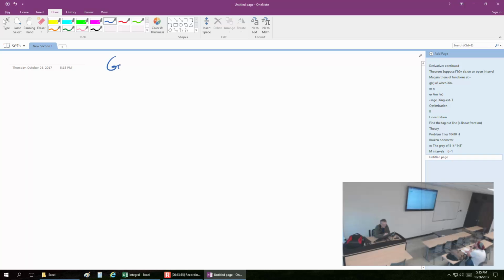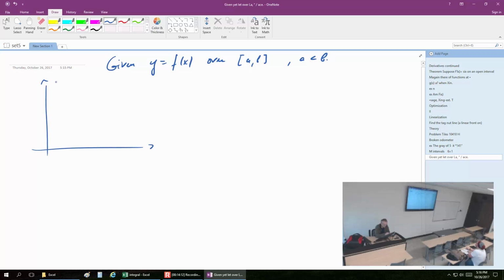We are given a function y equals f of x defined over the interval [a, b]. What we want to do is to approximate the area, and probably a better way to describe it is to define the area under the graph.